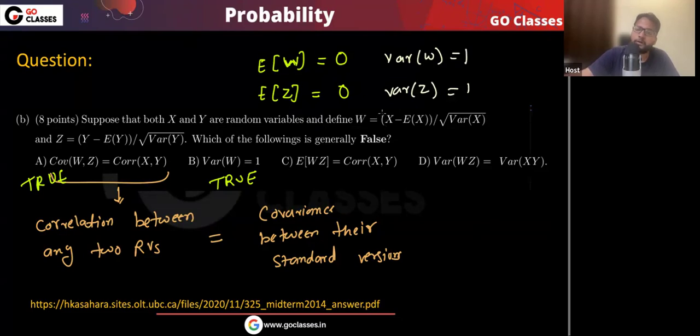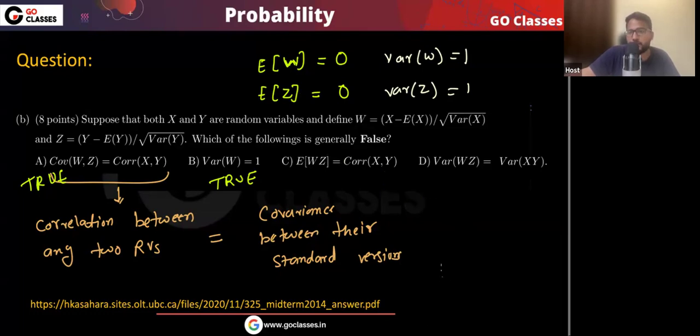Now, the correlation between X and Y is nothing but the covariance between W and Z, right? And if the expectation is 0, then this covariance is nothing but this quantity, right?